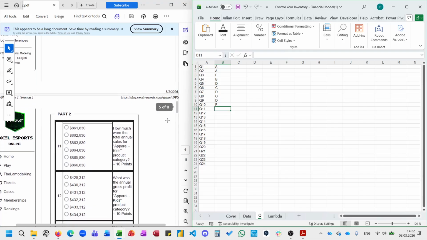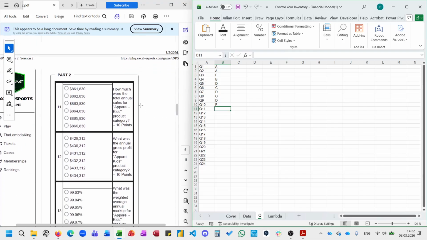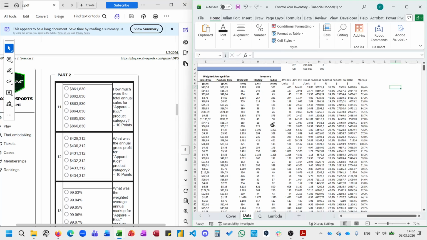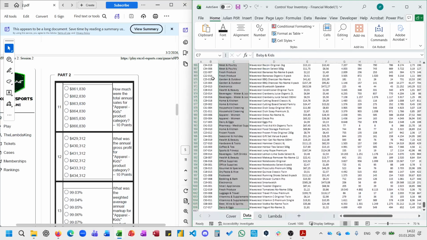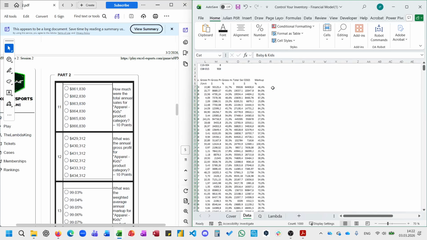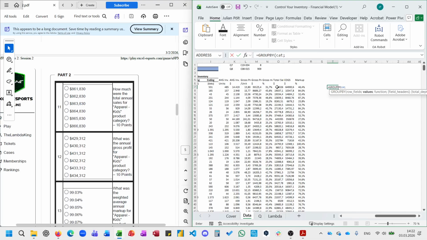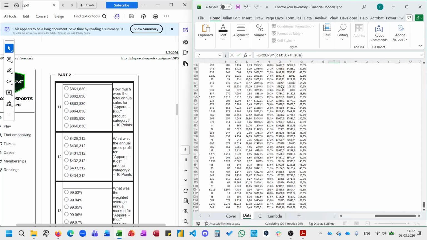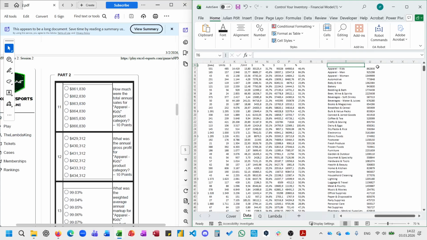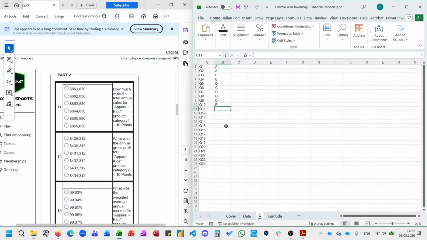Question 11. How much were the total annual sales for the kids apparel product category? Okay. This is the named range cat for category, and then group by cat in total sales sum. And kids apparel is 62, it's answer B. Q12.